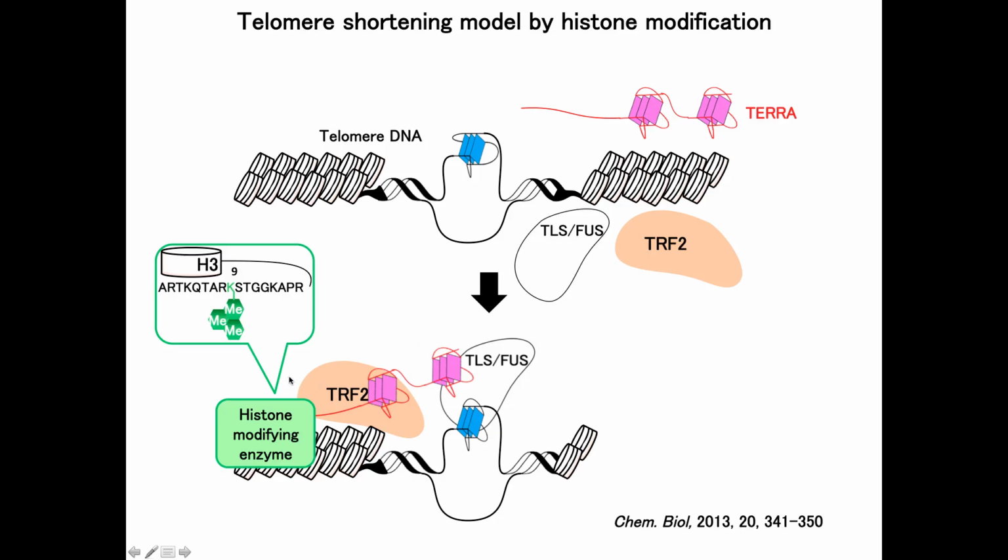This heterochromatin region in the telomere is very important because it inhibits recombination in this telomere region and then telomere shortening. It means that this G-quadruplex binding inhibits cells from becoming cancer cells.